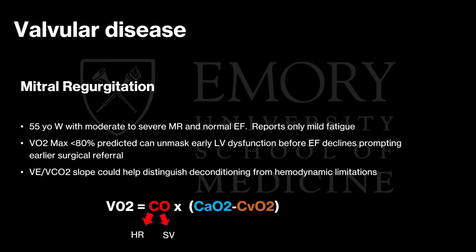This is something you should look into very closely. I'll put this equation here again so you can see the problem. The problem in mitral regurgitation that would drive down your VO2 is your stroke volume going in the wrong direction. It's not necessarily that your stroke volume is low from a squeeze standpoint, but that most of your stroke volume is now going into your left atrium instead of out your aorta, perfusing your organs.